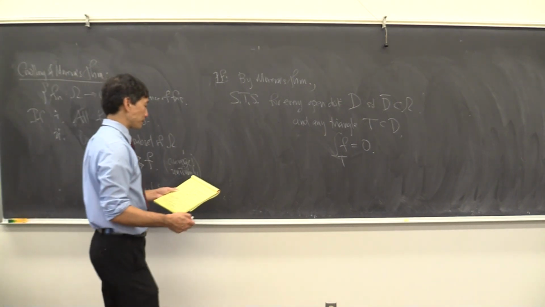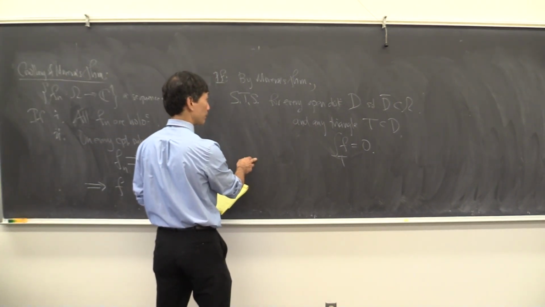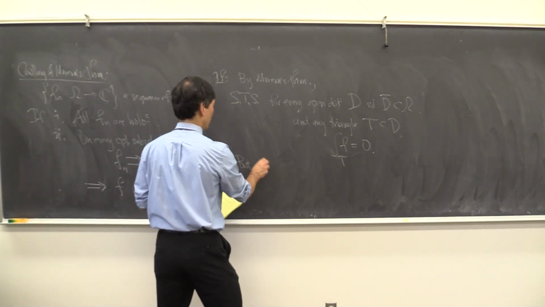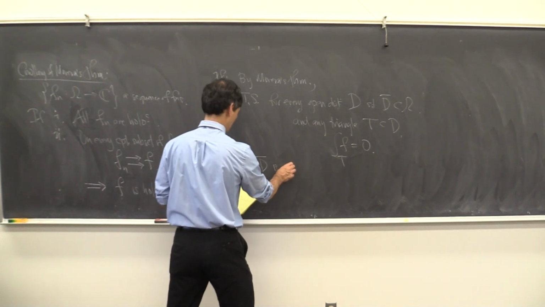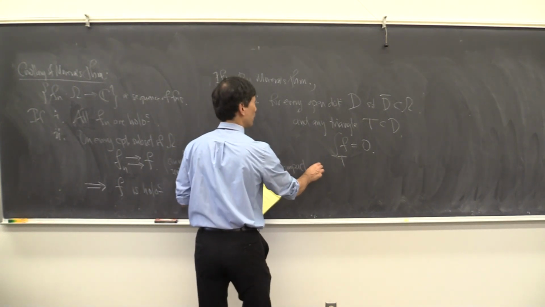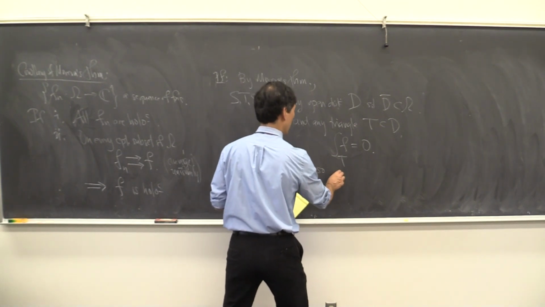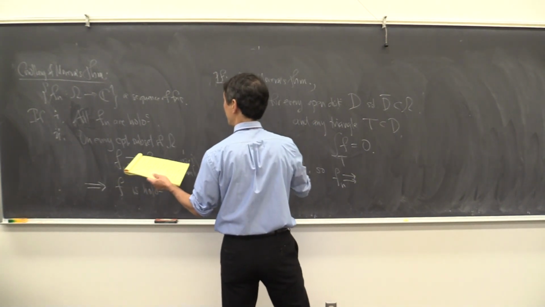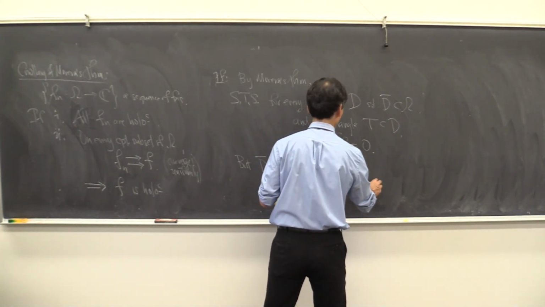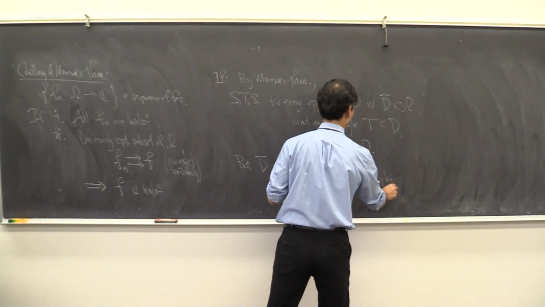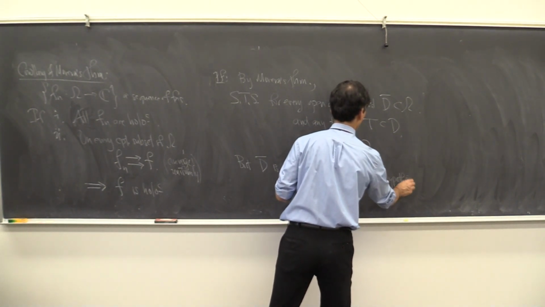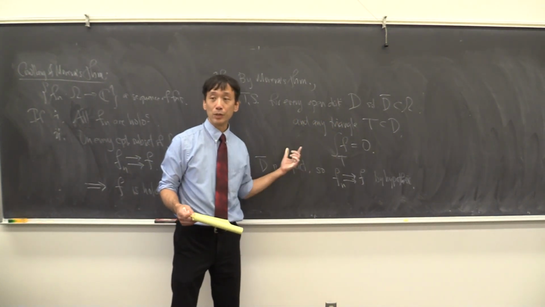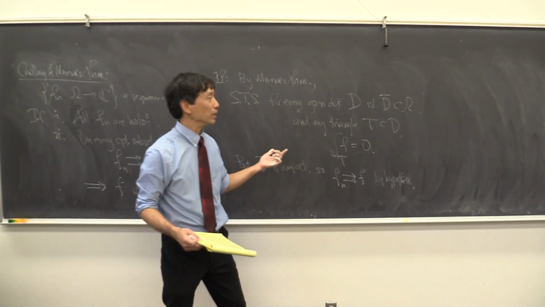Okay. But D bar is compact. So by hypothesis, we know that f sub n converges to f uniformly. But uniform convergence allows us to switch integration and limit.